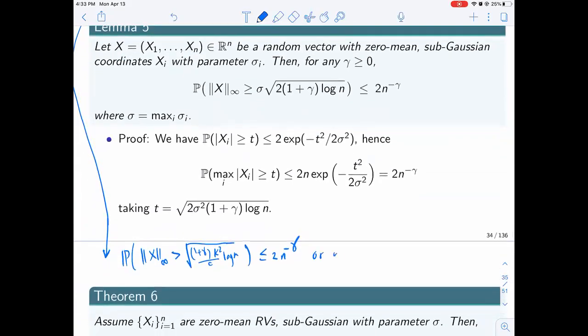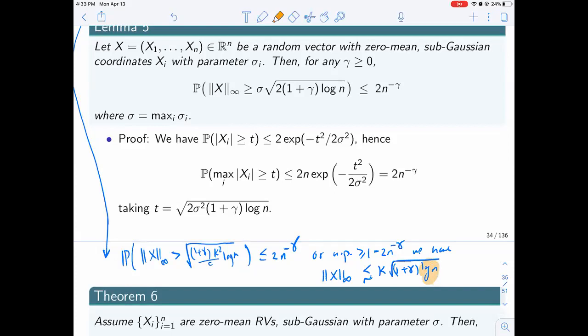Or with probability bigger than 1 minus 2 n to the negative gamma, we have the complement: the infinity norm is less than, up to a constant c, k root 1 plus gamma times log n. The key is that the order is square root of log n.